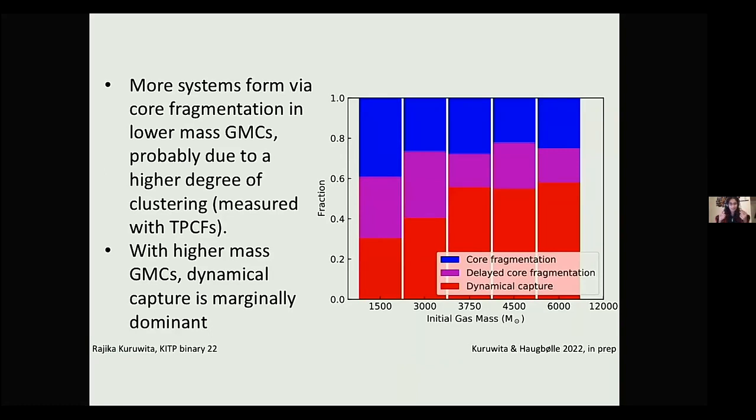So basically the blues and the purples are all core fragmentation, and the red is dynamical capture. And I think in the lower mass simulations, we find that they are more clustered when I do 2-point correlation functions. So it seems like in the lower mass simulations, you get true core fragmentation, but at higher masses, you get more dynamical capture systems. And go on to the next slide.